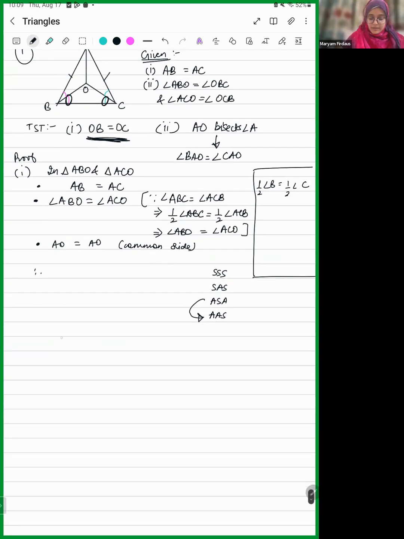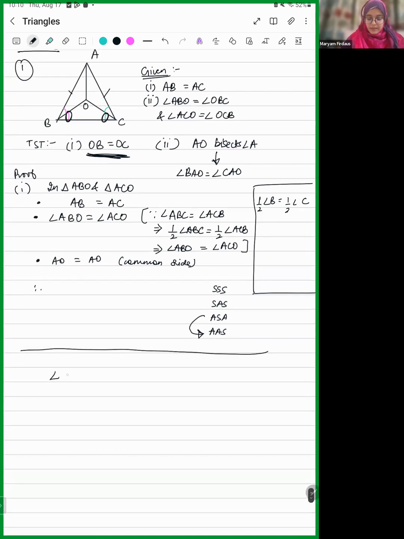So that means angle OBC, which is this one, is equal to angle OCB. Now, let me just zoom in on that triangle a little bit. You have this triangle, this angle is equal to this angle, and this is your O, this is your B, this is your C. And we know that in a triangle, if two angles are equal, then opposite sides are also equal.